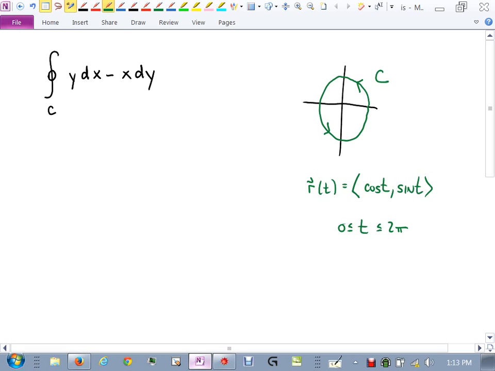Now, to figure out these integrals, I'm going to need to know what dx is and what dy is. dx is the derivative of x with respect to t, dt. dy is the derivative of y with respect to t, dt. So let's go ahead and write those down over here. dx is what? Negative sine t dt, right? dy is cosine t dt.